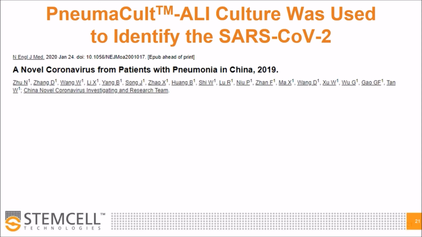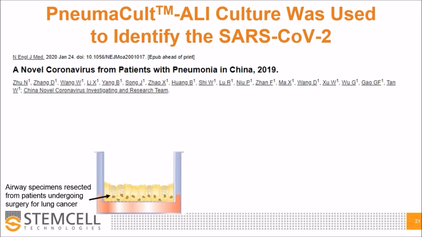For this reason, they decided to establish air-liquid cultures using airway cells derived from specimens of surgical patients. Once the monolayers formed, as you can see in this cartoon, they applied bronchoalveolar lavage fluid derived from patients presenting severe pneumonia to the apical side of the epithelial cultures.